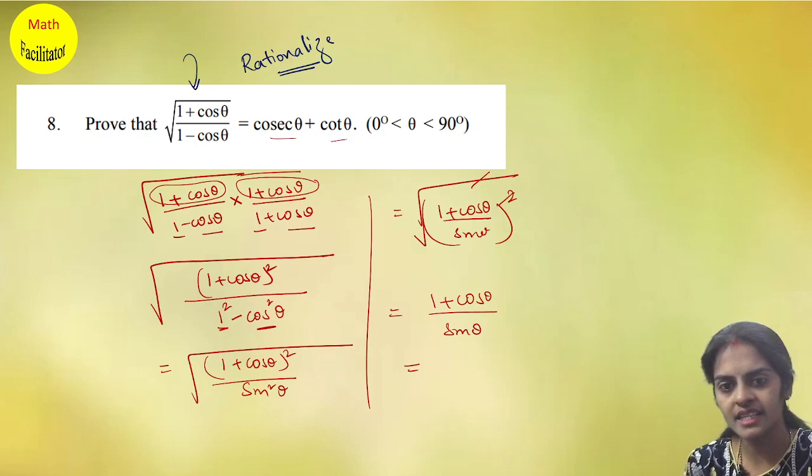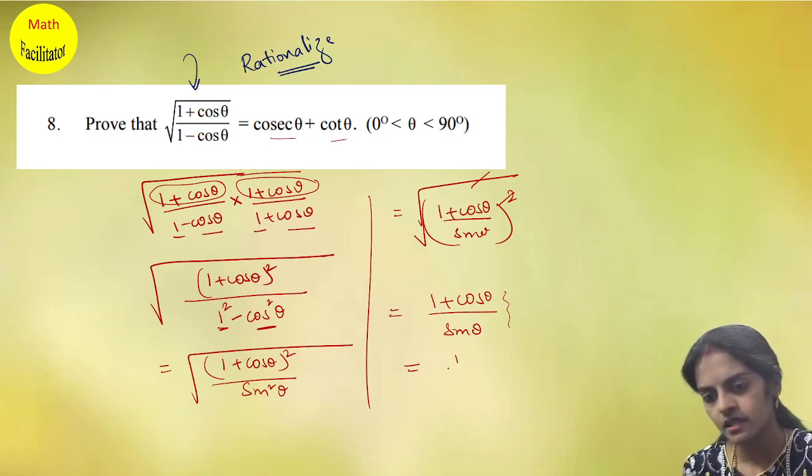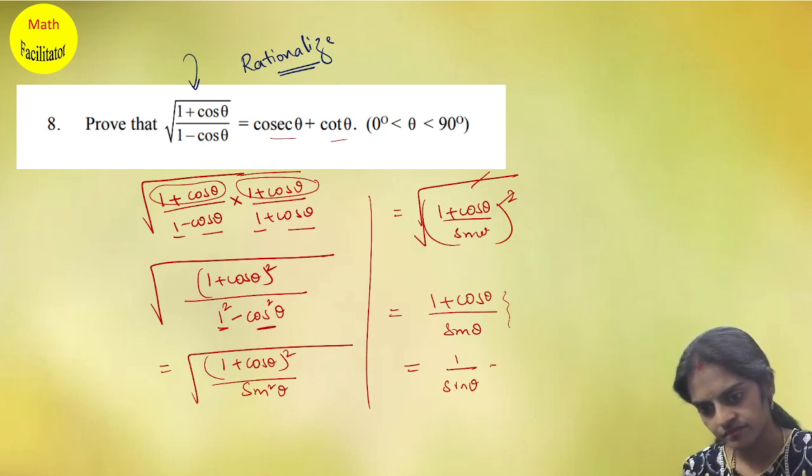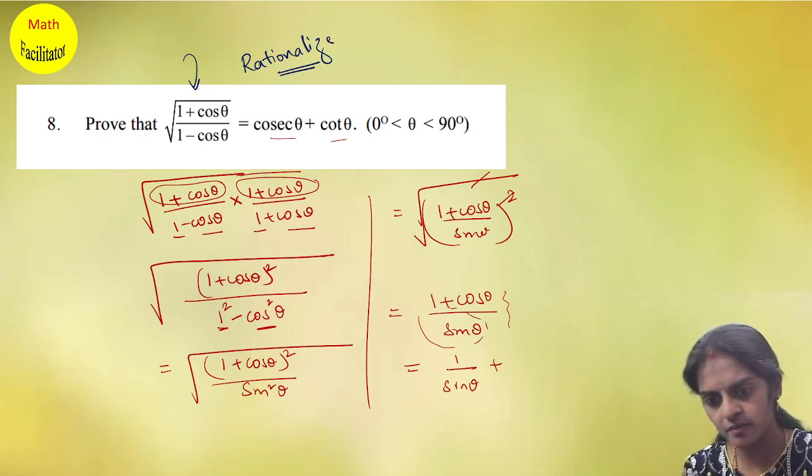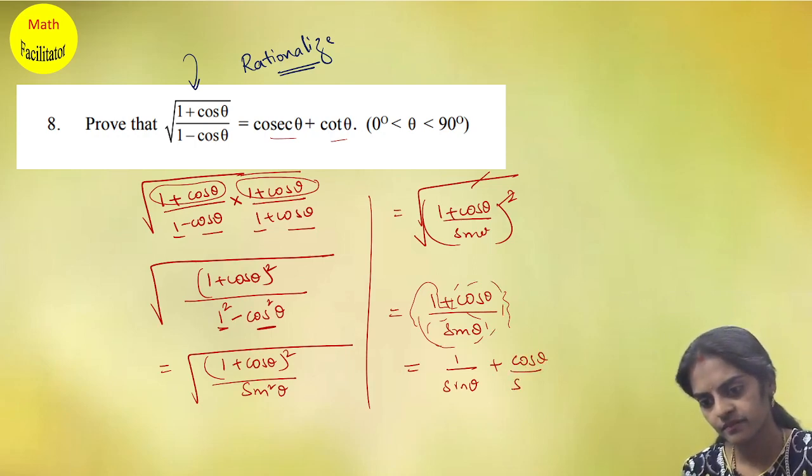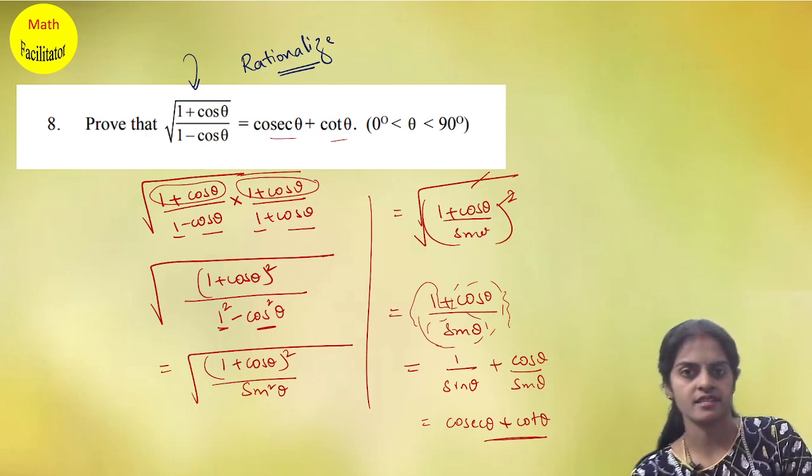Now I want cosecant theta and cot theta, but I have something in terms of sin and cos. Separate the denominator: 1 by sin theta and cos theta by sin theta. 1 by sin theta is nothing but cosecant theta. Cos theta by sin theta is nothing but cot theta, which was your RHS.